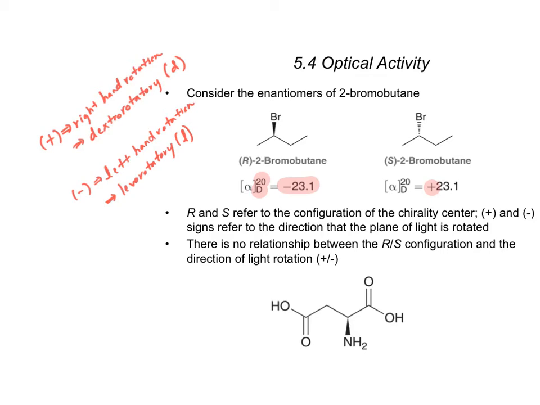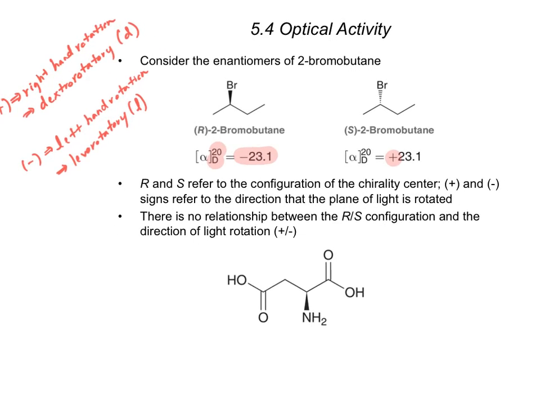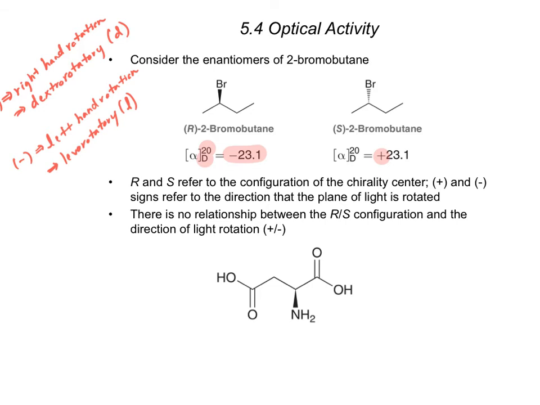Also, even for the same molecule, you can see a change in which way it's being rotated, right? So for example, down here, we have an amino acid. This is aspartic acid, but specifically, it is S-aspartic acid. It has a chirality center in it. At 20 degrees Celsius, aspartic acid rotates the light to the left, so it's negative, right?